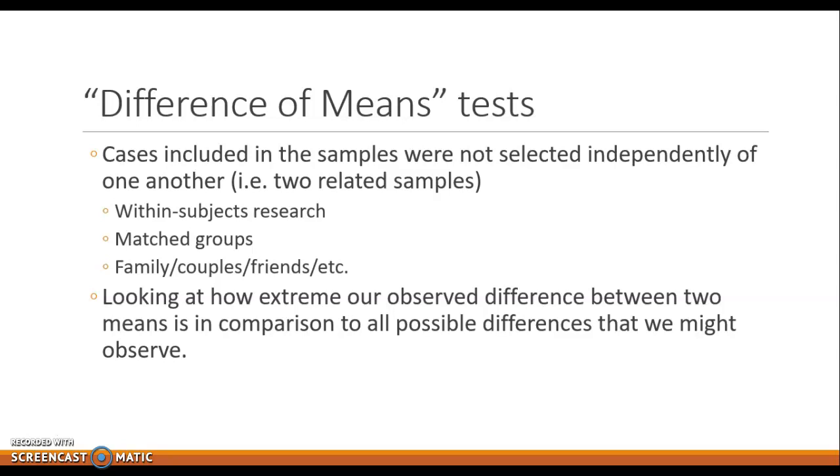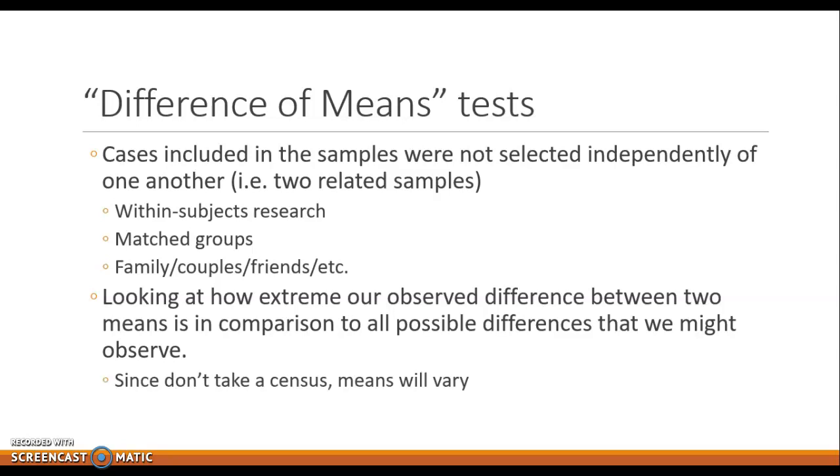We're back to talking about the central limit theorem and the fact that all of these samples that we could pull, the means of the various samples will probably all be different. So we're looking to see how unlikely it is that these two sample means that we have are the same or are different, compared to all the possible examples that we could have.